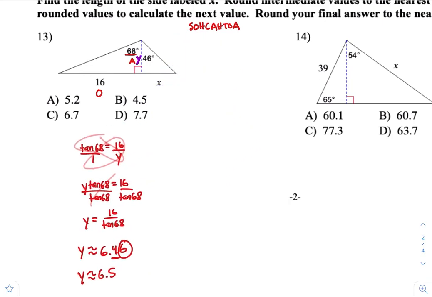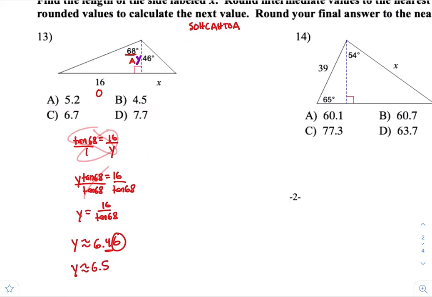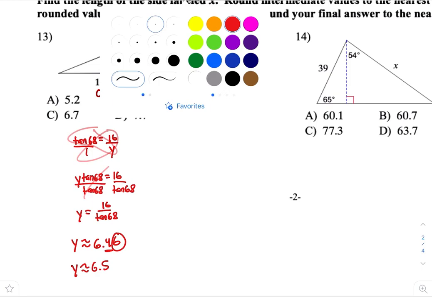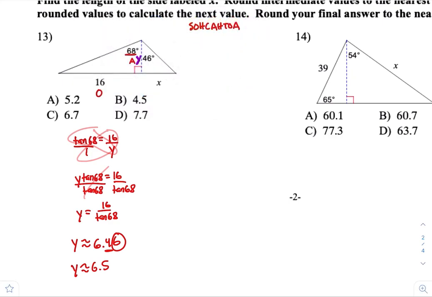And I'm going to move this down here. Okay, so we know that this side length, you guys, is 6.5 now, right? I'll use a different color. I'll just use black. So this side length now is 6.5.